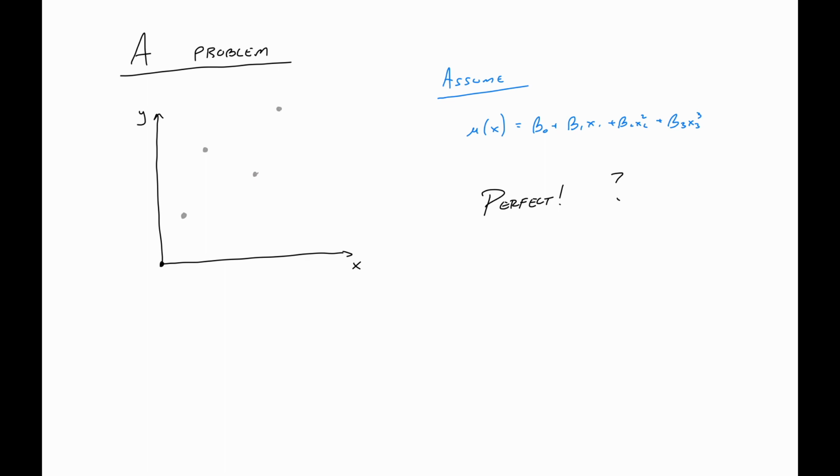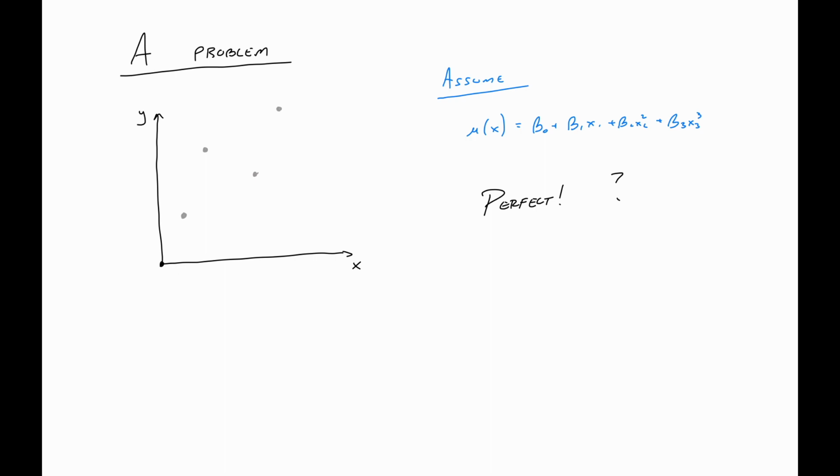Okay, so there's a problem with this procedure when we're talking about prediction. Here I have some data, and it only has 4 points. What I'm going to do now is assume that the true mean function here has a cubic form. So there are 4 parameters here, beta 0, beta 1, beta 2, and beta 3.